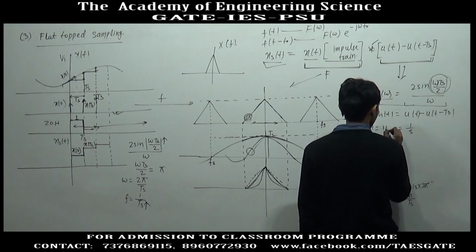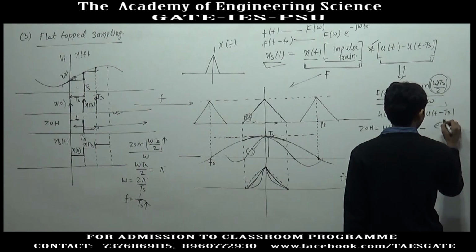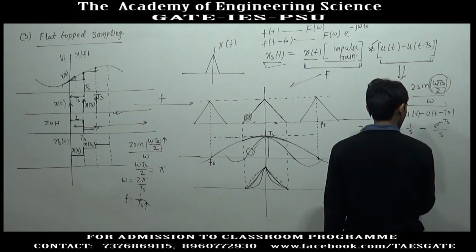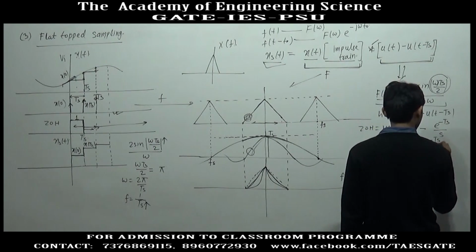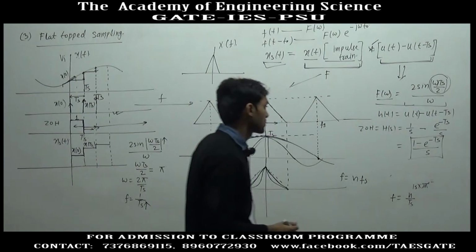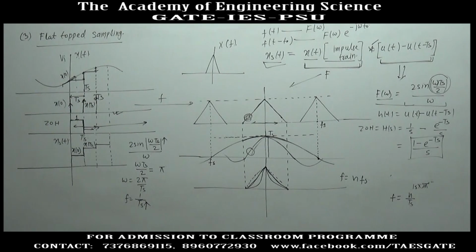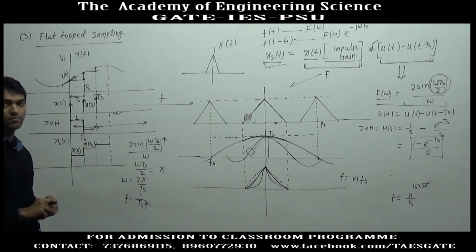If you take H(s) for zero order hold, this will be 1 by s minus e to power minus Ts by s, that is, 1 minus e to power minus Ts by s. This was asked many times in GATE. So, this was all about flat top sampling.